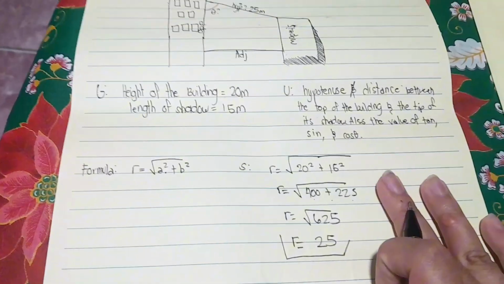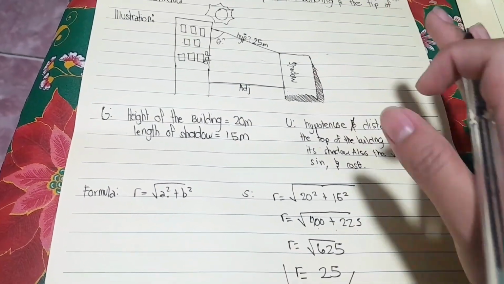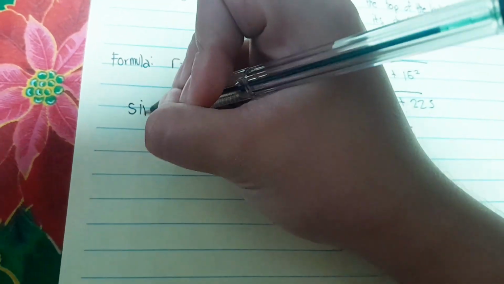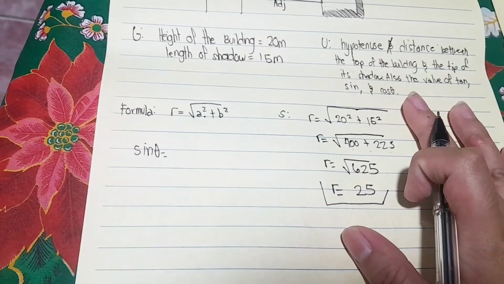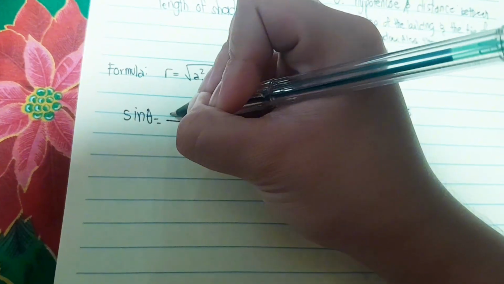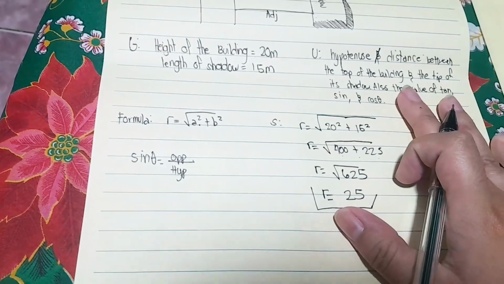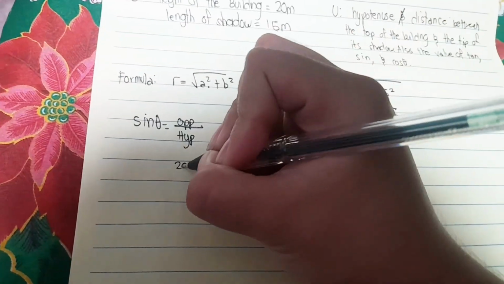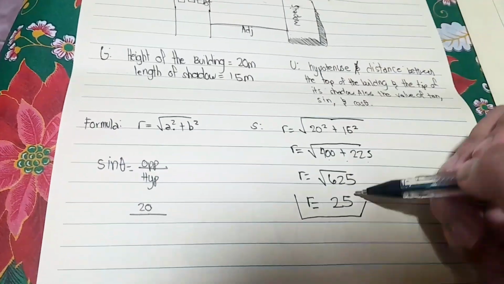So, after we get the value of hypotenuse, we can now find the value of tan, sine, and cos. So, first, hanapin natin si sine. Sine theta is opposite over hypotenuse. Ang value ng opposite natin is 20 meters, then yung hypotenuse natin is 25, since nakuha natin siya dito.